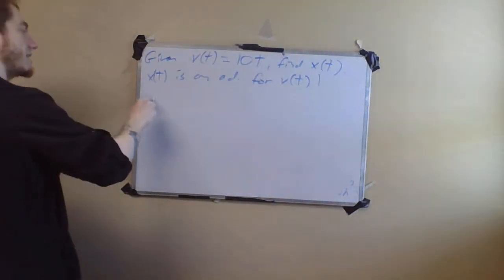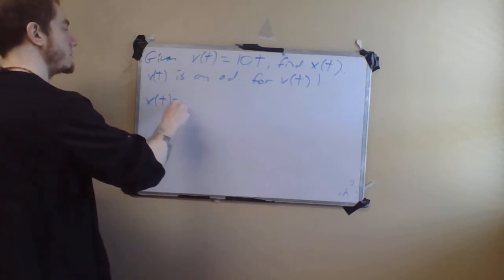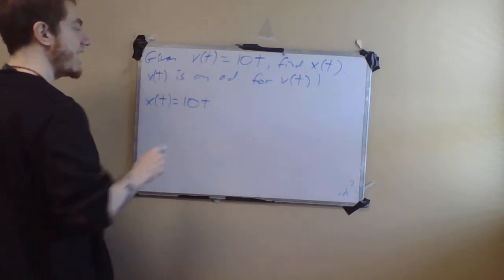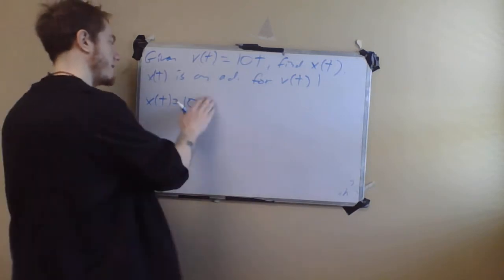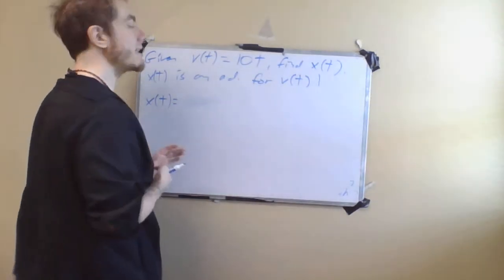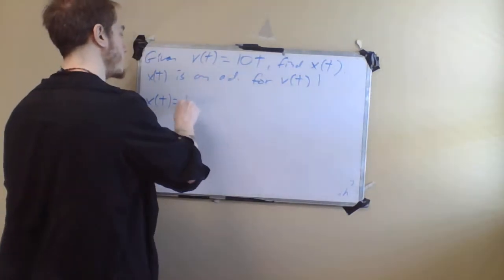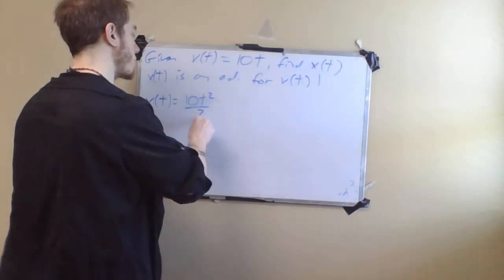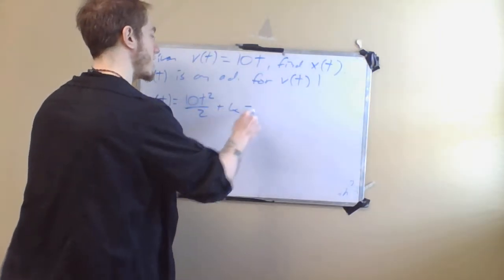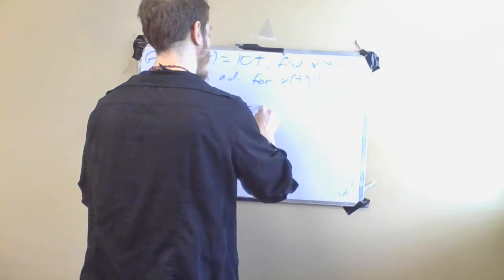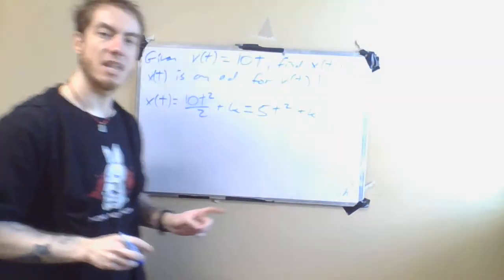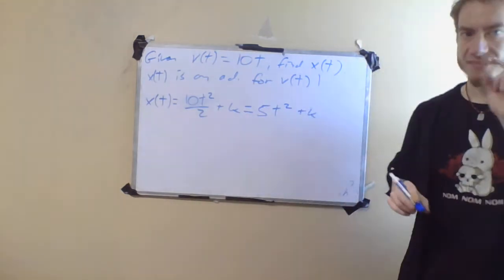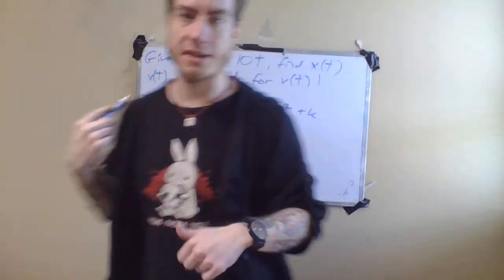So all I need to do is find an antiderivative here. And the answer is that x of t is going to be equal to, sorry, not 10t, it's going to be 10t squared over 2 plus some constant k. So this is going to become 5t squared plus a constant k. Now, you'll notice that there is a constant involved.